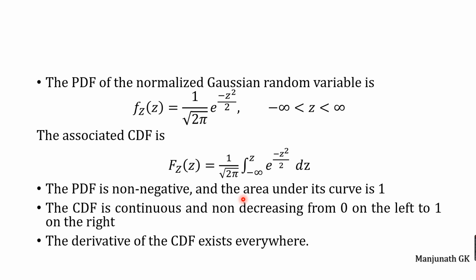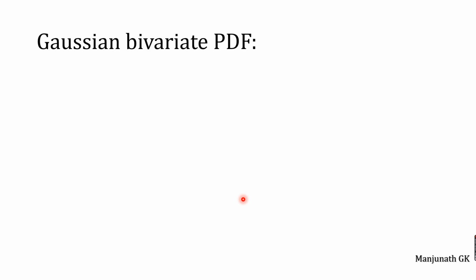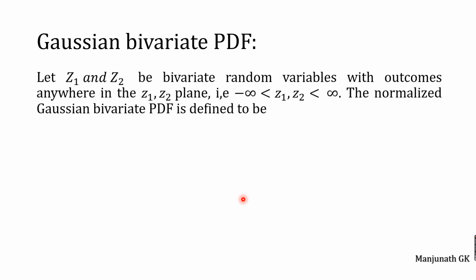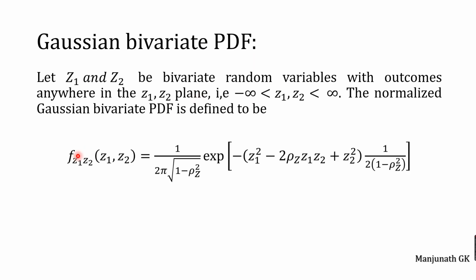So with this background, let us discuss the Gaussian bivariate probability density function. Consider two random variables Z1 and Z2, which are capital, and two independent variables z1 and z2, which are small. For this condition, let us define the Gaussian bivariate probability density function.